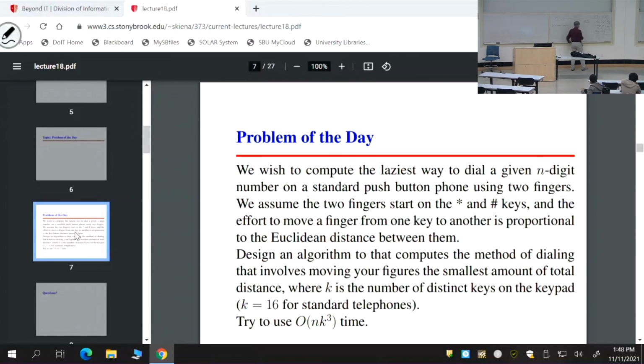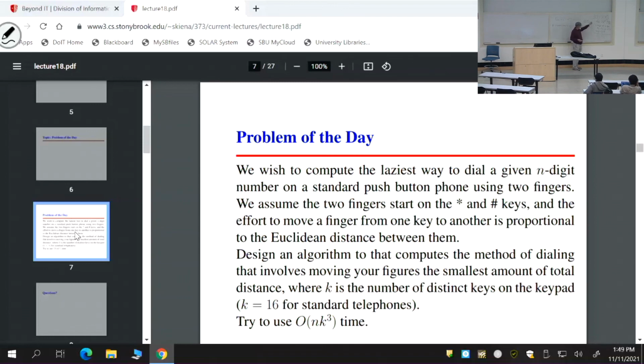I think the cheapest possible cost is going to be the min of C of n, where n is the length of the string, the min of C of n, L, R over all L and R. If I don't care where my fingers end up, only that the message gets typed, the best thing to do is to type the message at cheapest cost, and I know my fingers have to end up someplace.